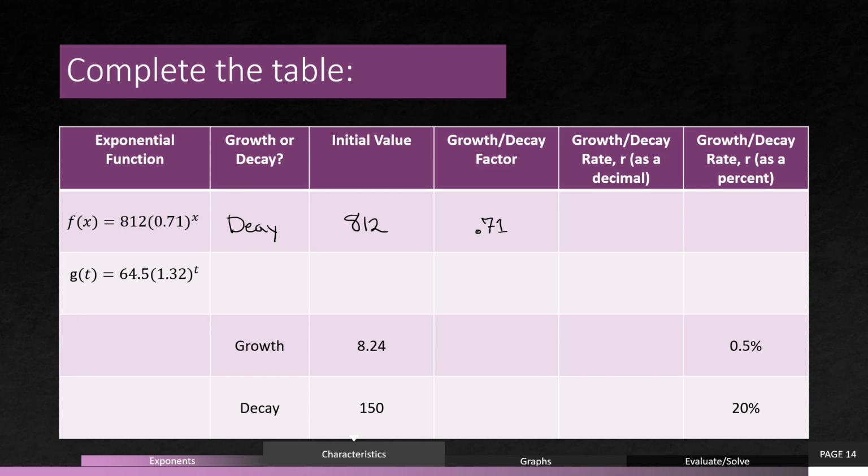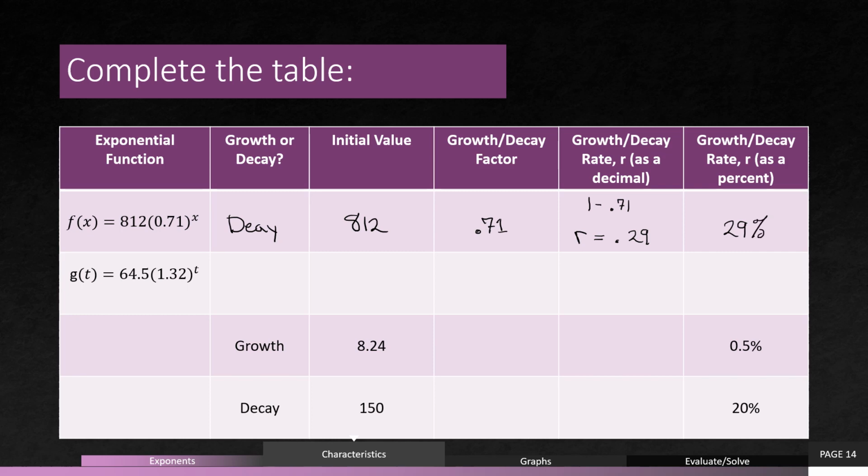Our rate, though, we need to find out what is the difference in there. So 1 minus 0.71, and so our r is going to be 0.29. As a percent, that is 29%.